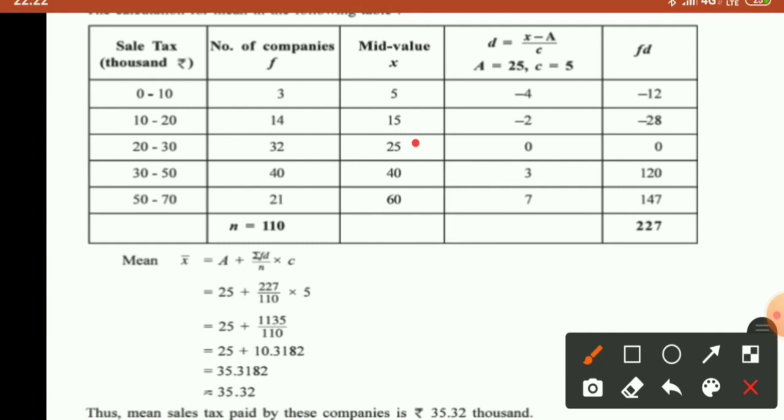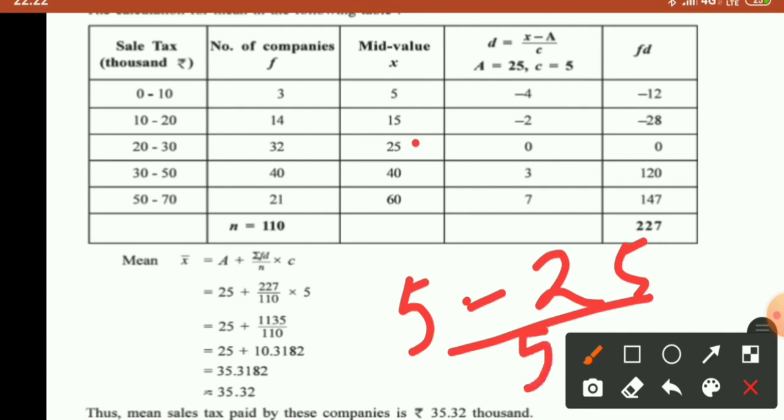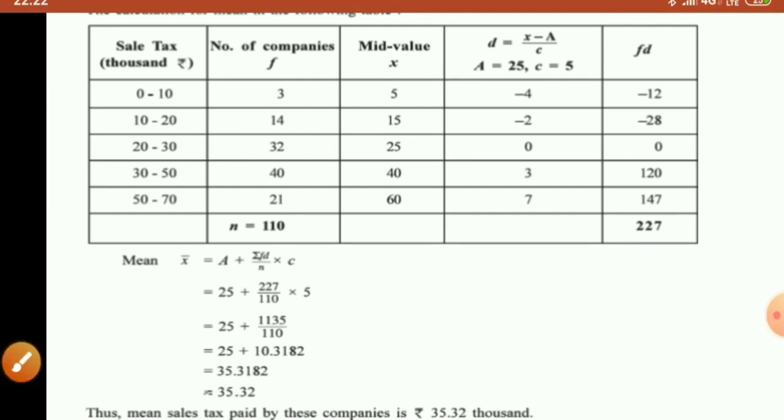So what I have done is, for the first value, 5 minus 25 divided by 5, I will get minus 4. So I have written minus 4. Next, 15 minus 25 divided by 5 is equal to minus 2.